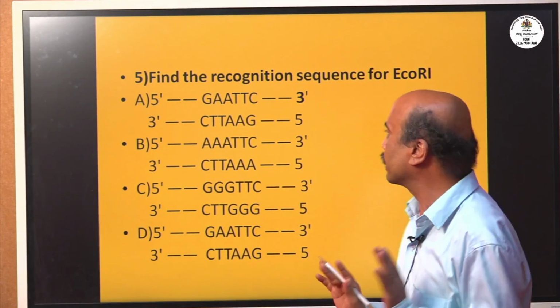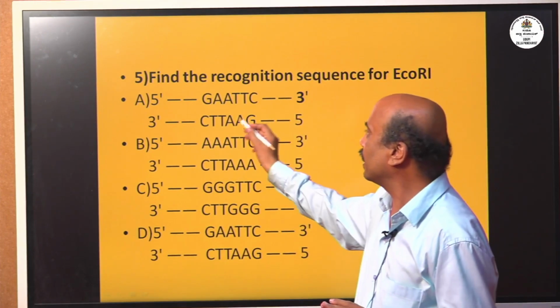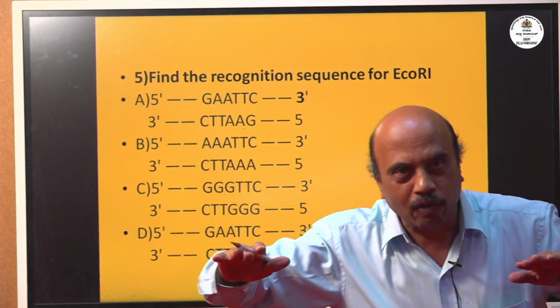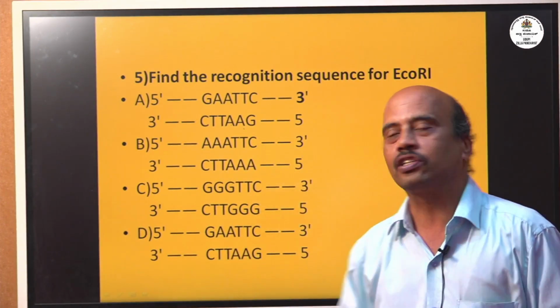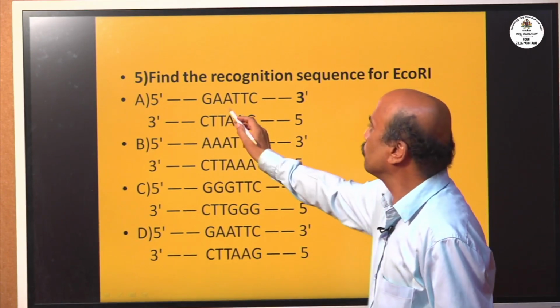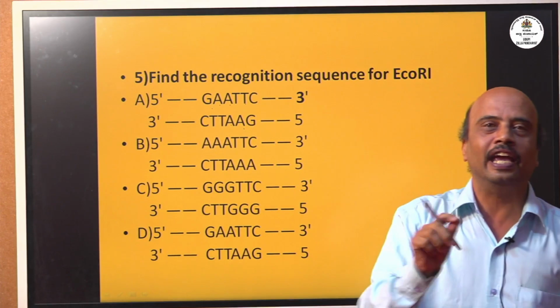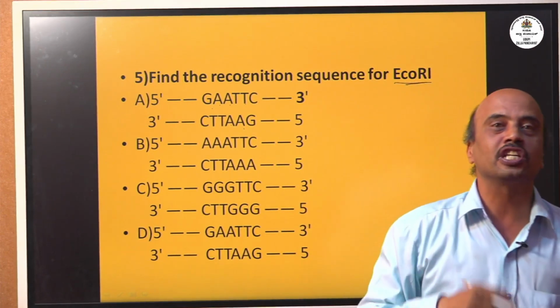That is very very important. We have the same nucleotide sequence GAATTC. So both forward as well as backward, it has the same nucleotide sequence. So that is 6 base pairs, 1, 2, 3, 4, 5, 6 base pairs. GAATTC, 6 base pairs, is the recognition sequence for Escherichia coli.